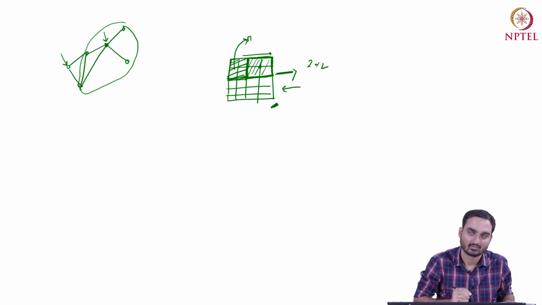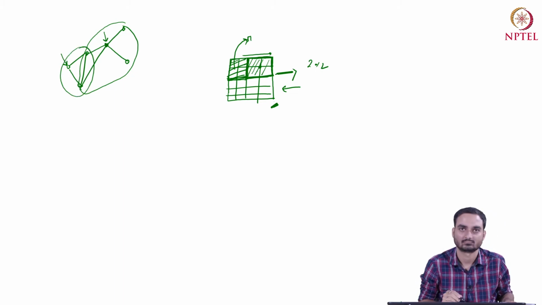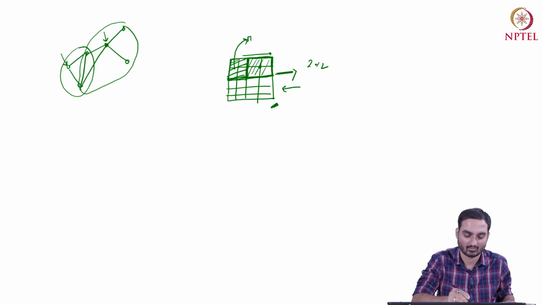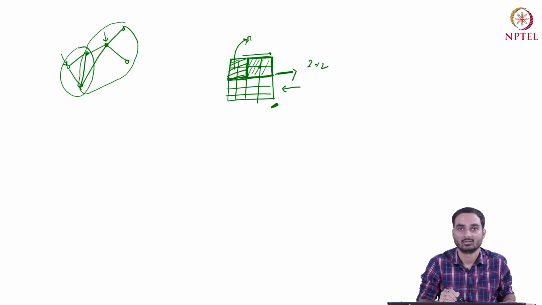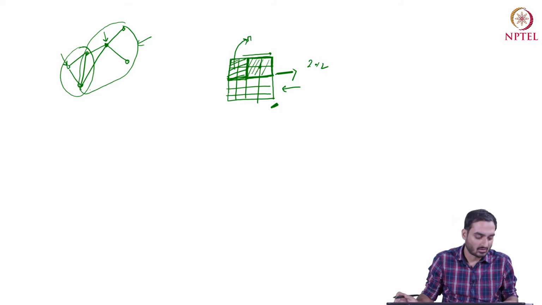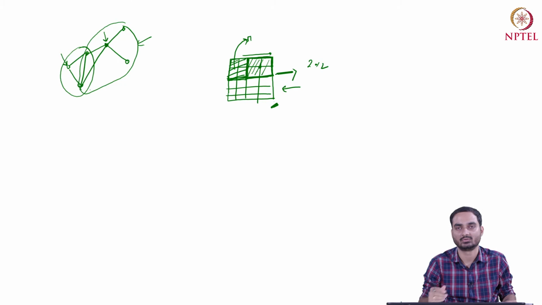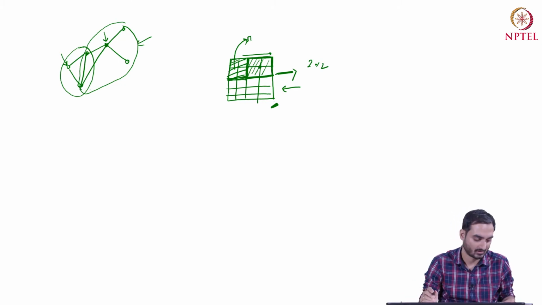If you consider this as a central point, then you have this as a region where you have 2 nodes as neighbors, but here you have 4 nodes as neighbors in the region. Now, the region is not the same. What I mean to say is, in case of graphs, the region is not the same. So, how can we tactfully use the convolution operation here in case of graphs?